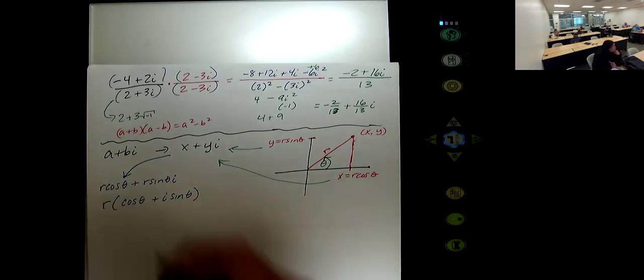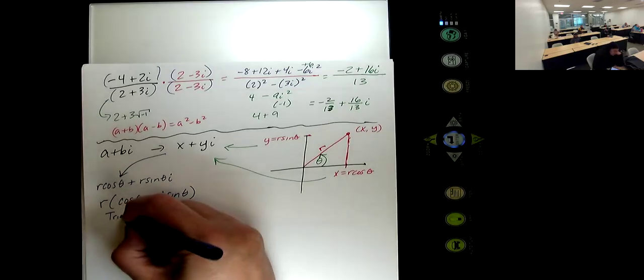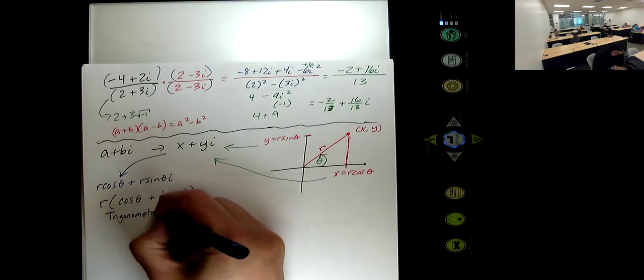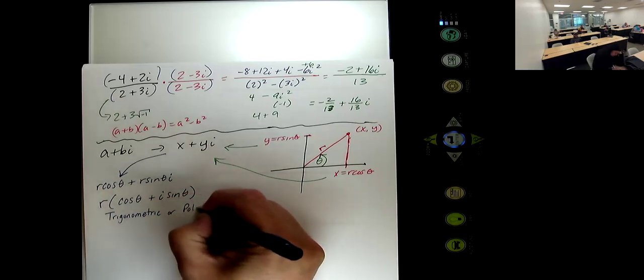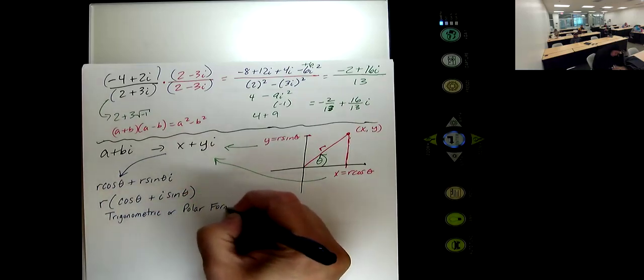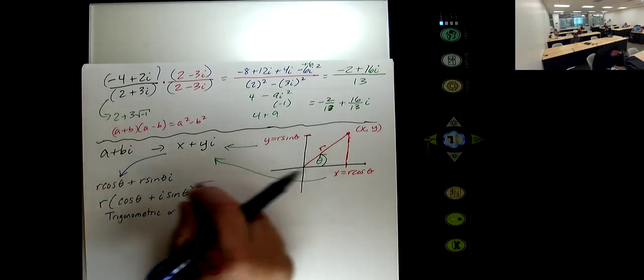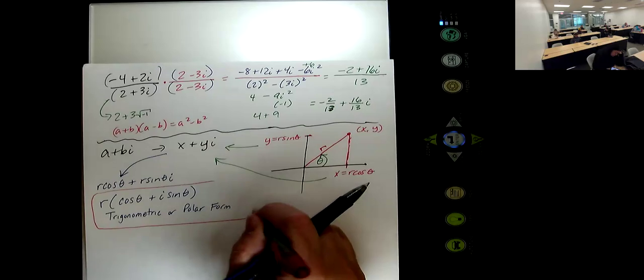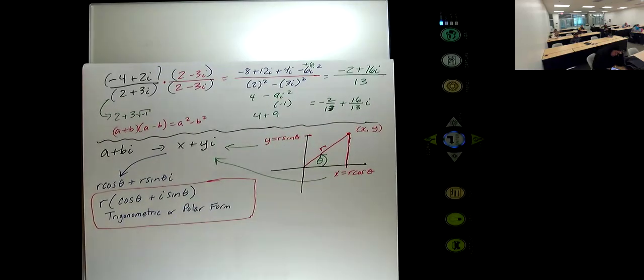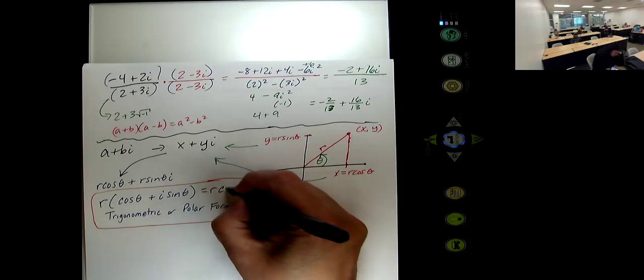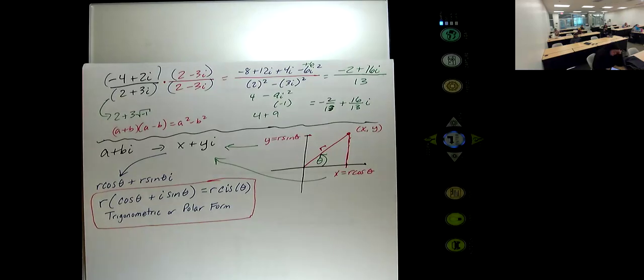So this is called the trigonometric or polar form. And this thing is often abbreviated as R cis theta. CIS is cosine I sine. They've been using this a lot longer than society has been using the word cis.